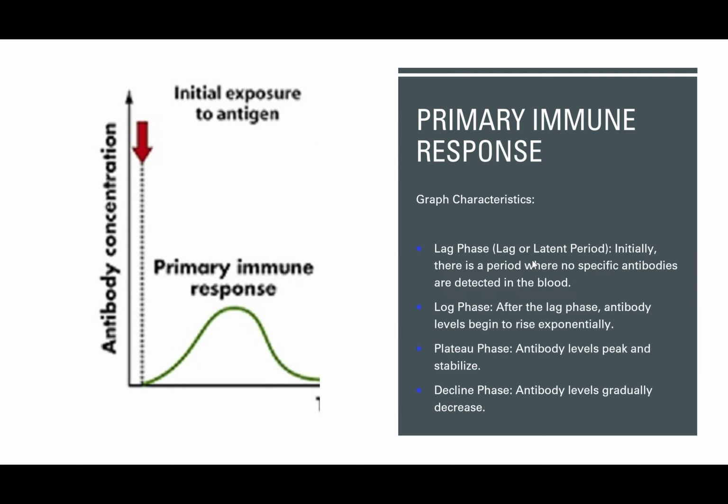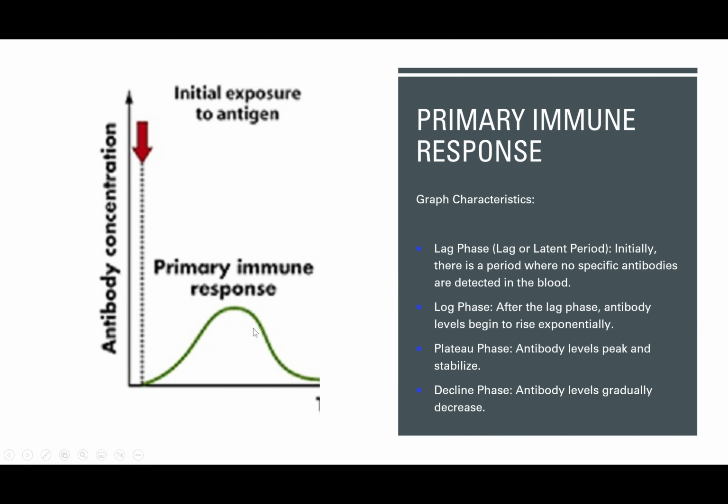Then the log phase. After the lag phase, antibody levels begin to rise exponentially. Then it will plateau. Antibody levels peak and stabilize at the plateau, and then there will be a decline. The antibodies gradually decrease. So that's the general primary immune response.